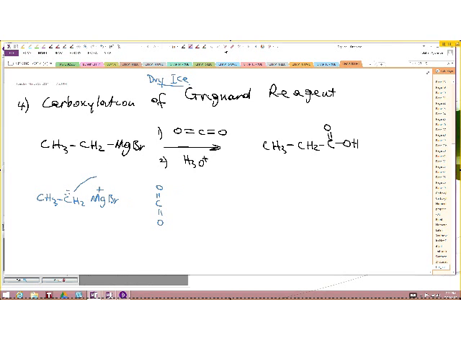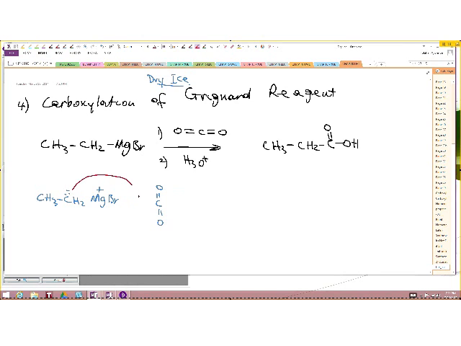The Grignard comes in here. It's a different color pen. How many of you are taking the organic lab now? Have you done Grignard yet? Okay, you are going to do Grignard reaction.